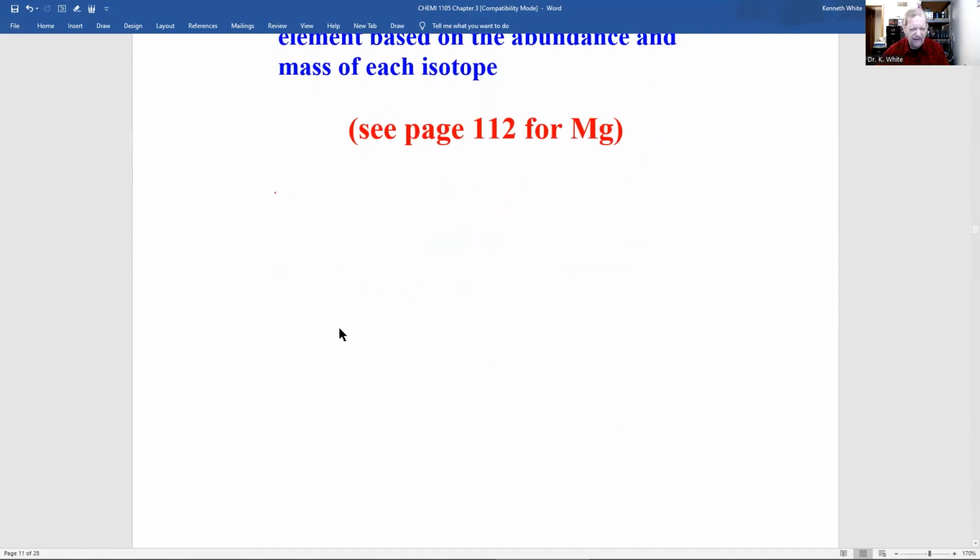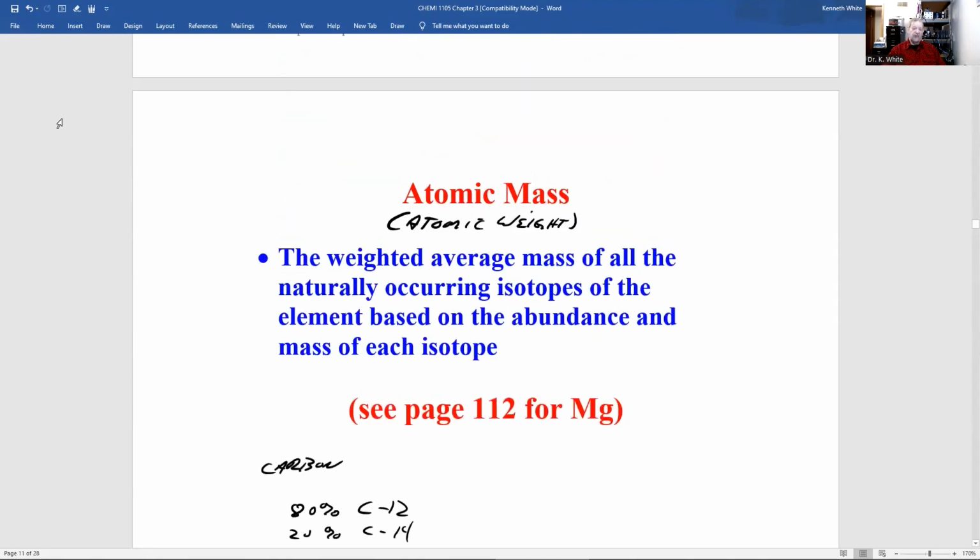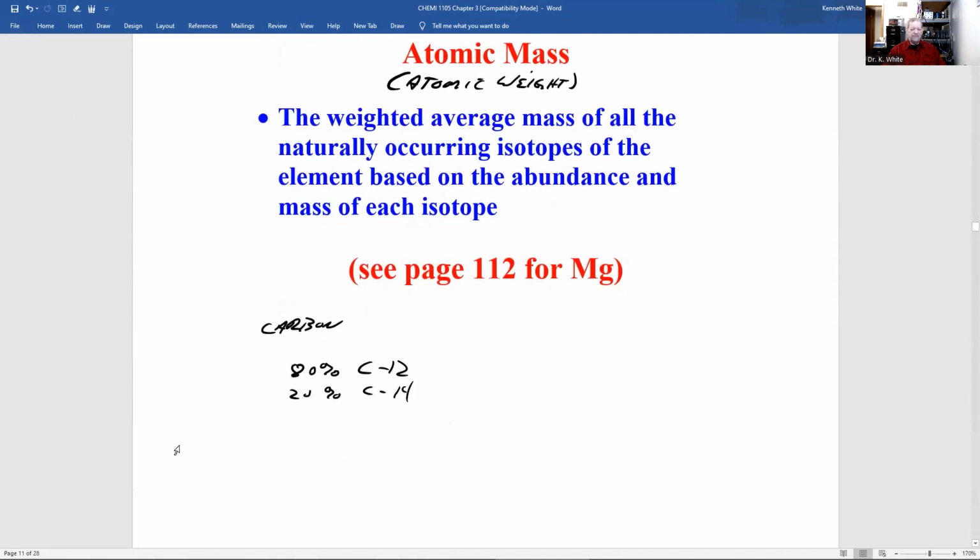So if you had carbon, and this is not correct in real life, 80% isotope C-12 and 20% C-14, the atomic mass, which I will call atomic weight, is 80% times 12 plus 20% times 14. That's 0.8 times 12 plus 0.2 times 14, and you get a number.